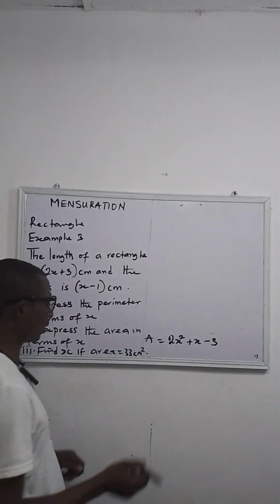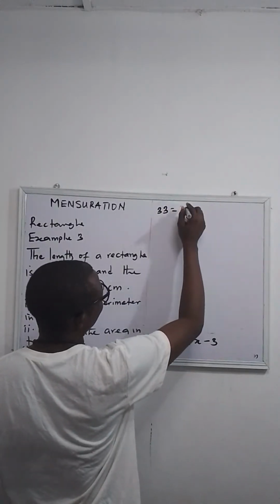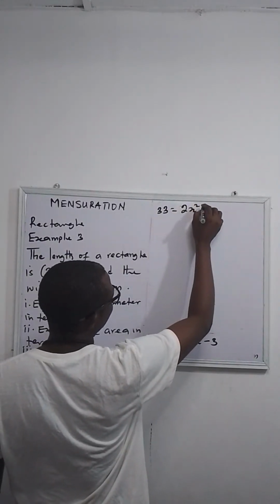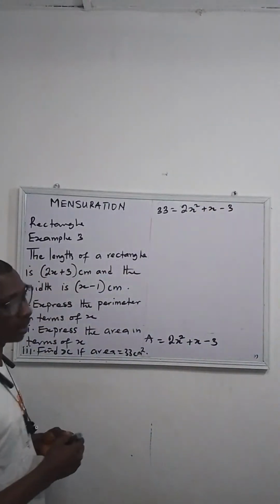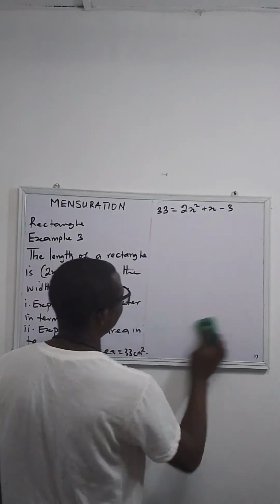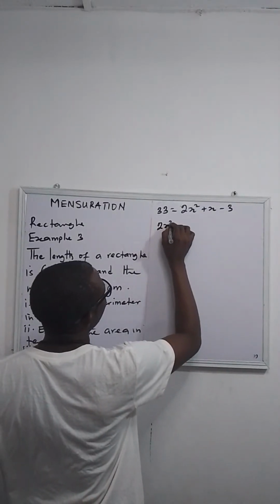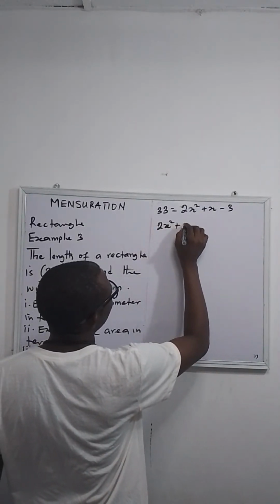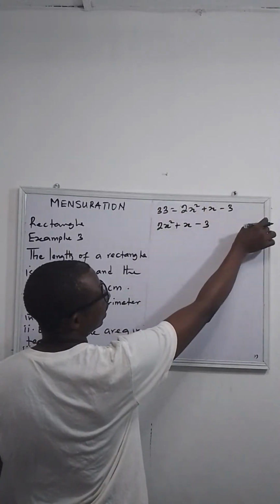So when you plug it in, you have 33 equals 2x squared plus x minus 3. Right? So you can tidy it up. So now if you tidy it up, you have 2x squared plus x minus 3. So when this one comes here, it becomes negative.